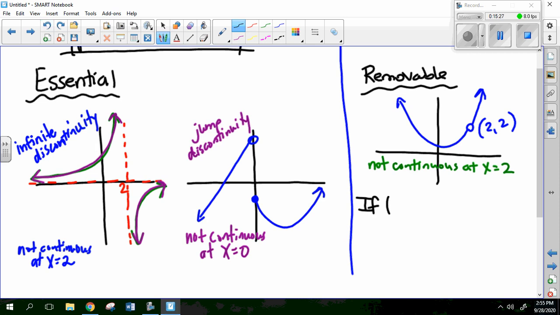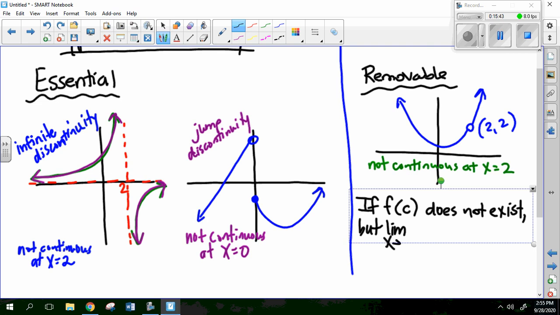If f of c does not exist, so that means the point itself does not exist, but the limit as x approaches c on that function does exist, right? The discontinuity is removable.